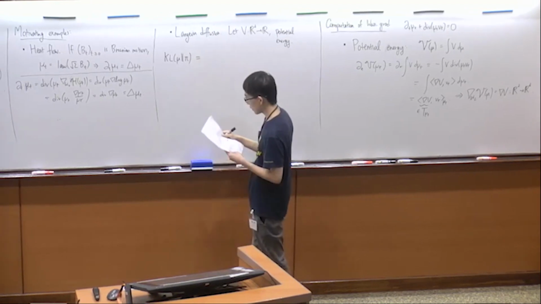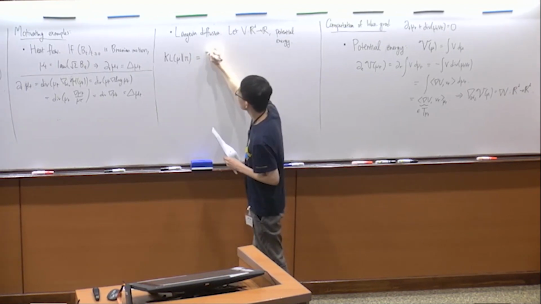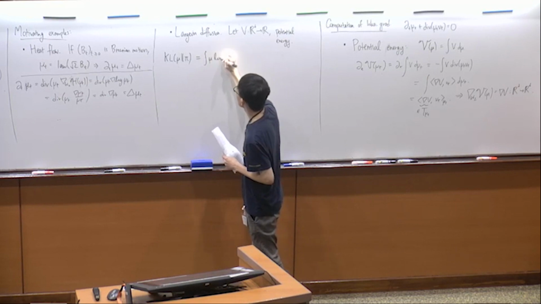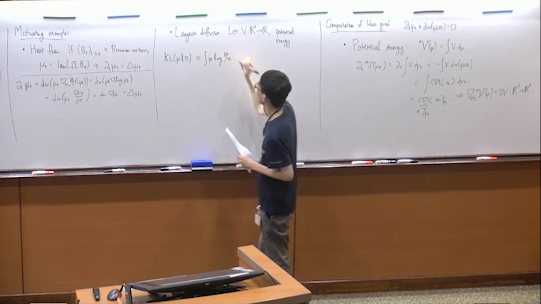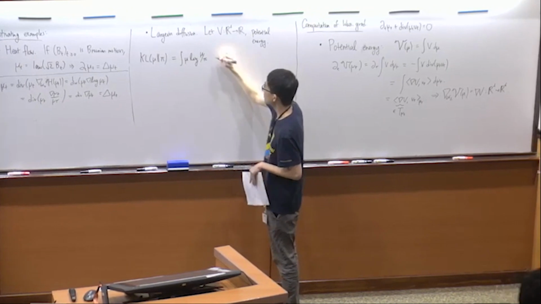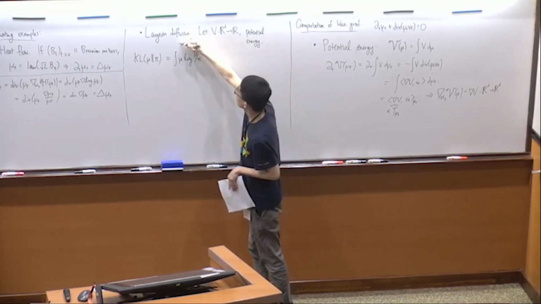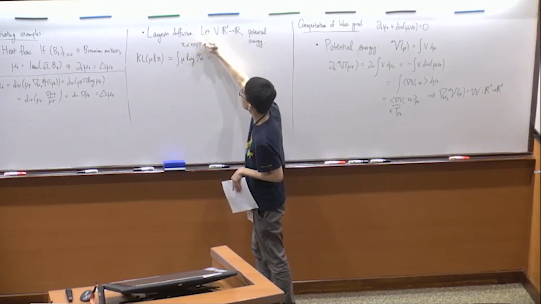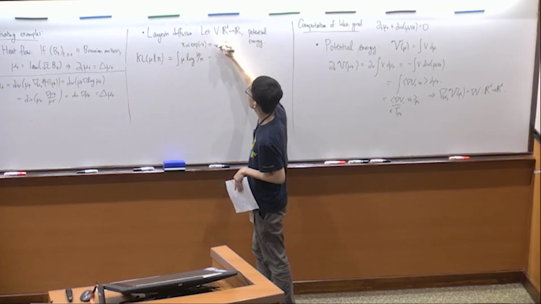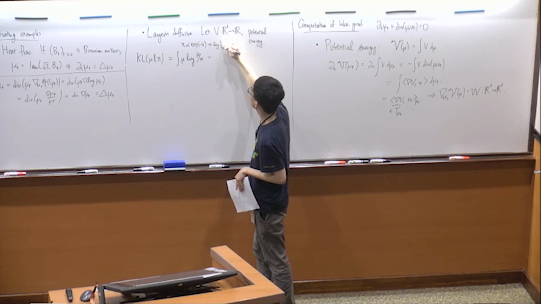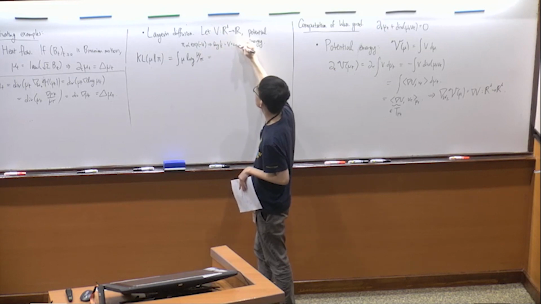To see why that's the case, let's first write out what the KL divergence is. It's the integral of mu log mu over pi. But remember that pi is proportional to exp of minus V. So this means that log 1 over pi is V plus a constant.